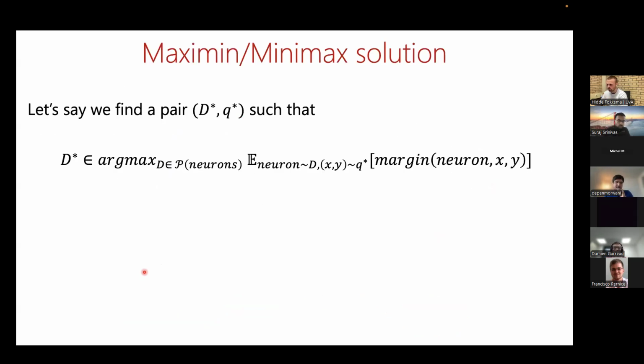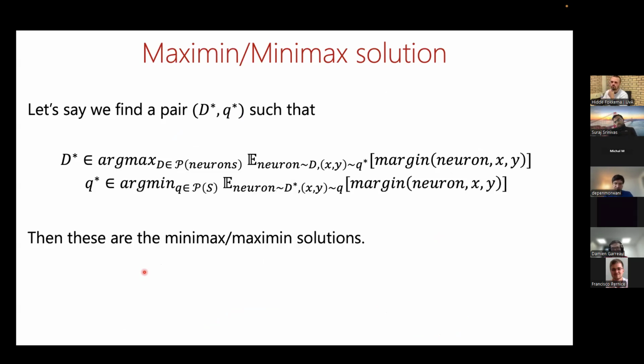The main technique behind solving this is going to be to find a pair D star, Q star such that D star is the optimal neuron distribution to use for the given distribution Q star, and Q star is the optimal distribution for the given distribution D star.